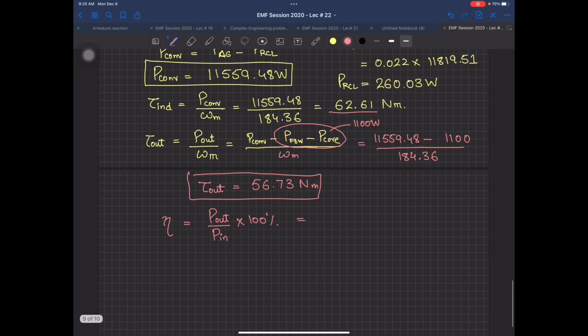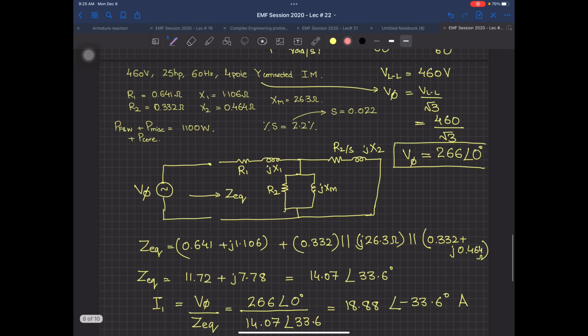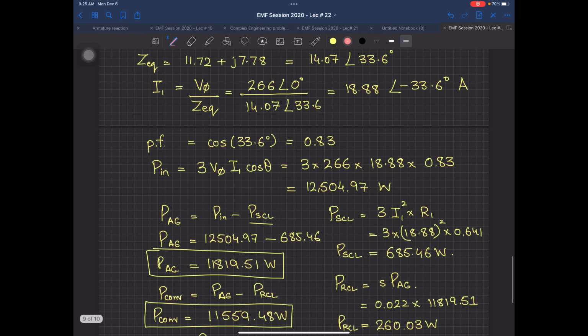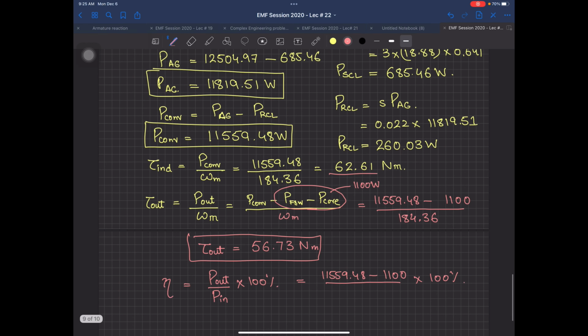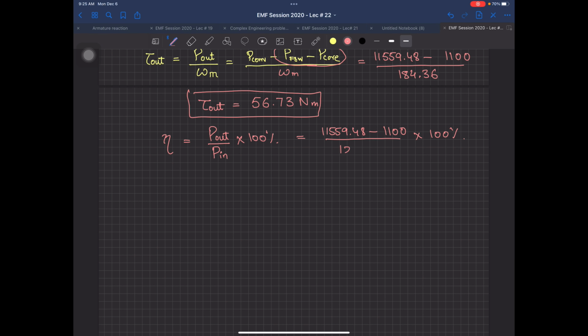So I have my P out. What is P out? Sorry, I missed it here again. P out, please: 11559.48 minus 1100, multiplied by 100%. And what was my input power? We have calculated it already. Input power was 12,504.97 if I'm not wrong.